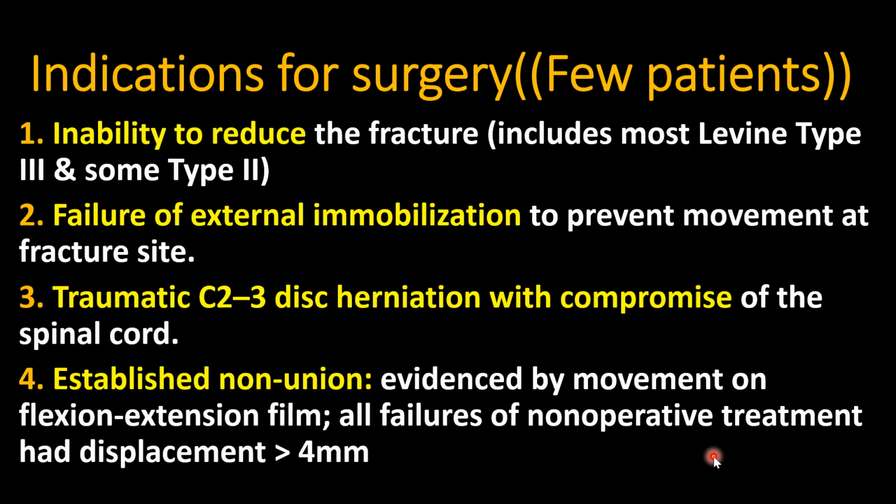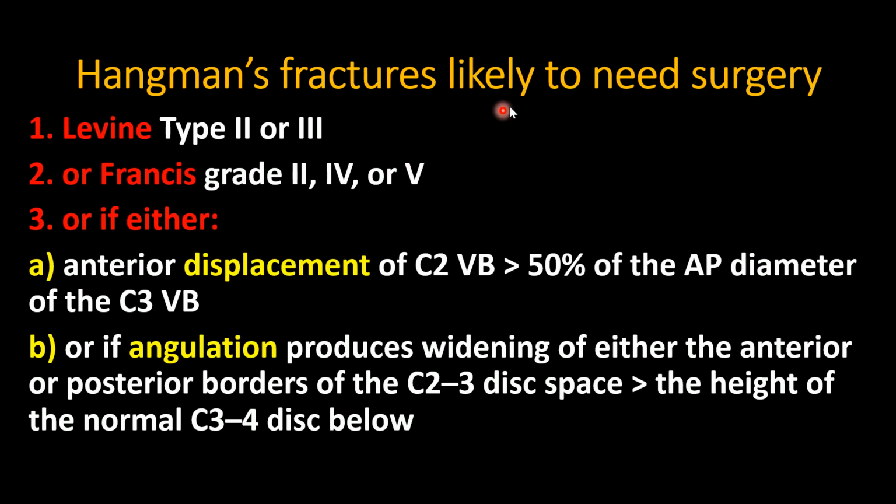and internal fixation. Indications for surgery, which are few patients: inability to reduce the fracture, failure of external immobilization, traumatic C2-3 disc herniation with compromise of the spinal cord, and established non-union. Hangman's fractures likely to need surgery are Levine type 2 and 3. Not all type 2.